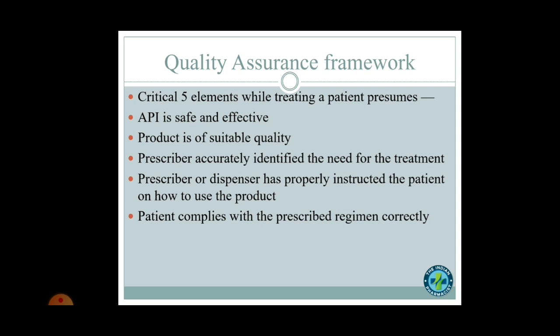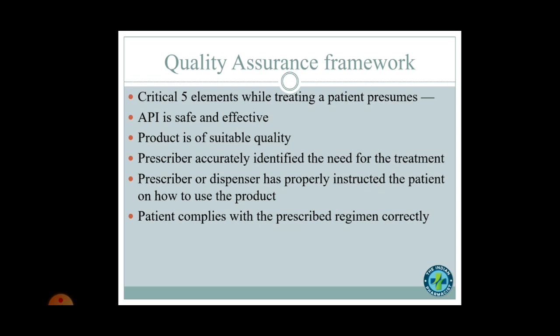Third, the prescriber accurately identified the need for the treatment. It should always be assumed that whatever medicine is prescribed to the patient is required for that treatment. It should not be that the patient requires paracetamol and we prescribe some other drug. Fourth, the prescriber or dispenser has properly instructed the patient on how to use the product.